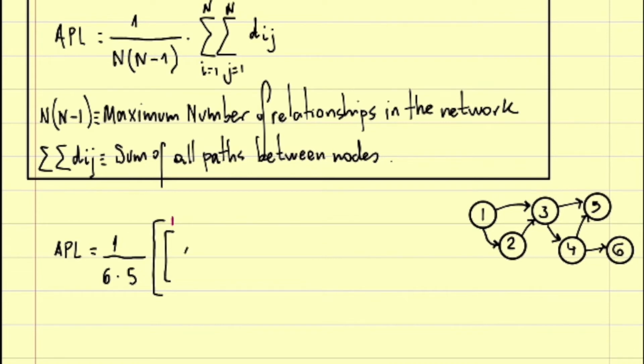So distance between node 1 and node 2 is 1 plus distance between node 1 and node 3, also one step, plus distance between node 1 and node 4. I don't take this path because this takes longer. I take the shortest, 1 and 2. Okay?